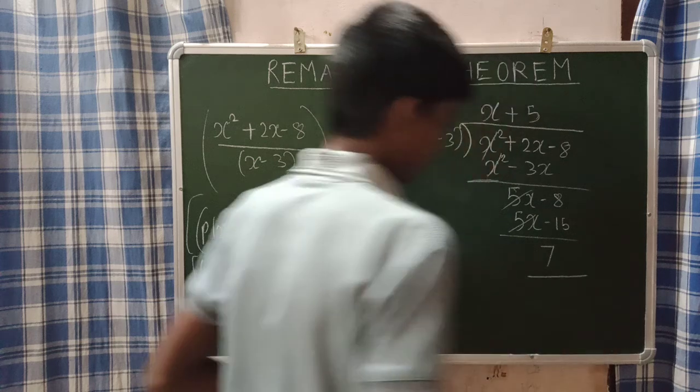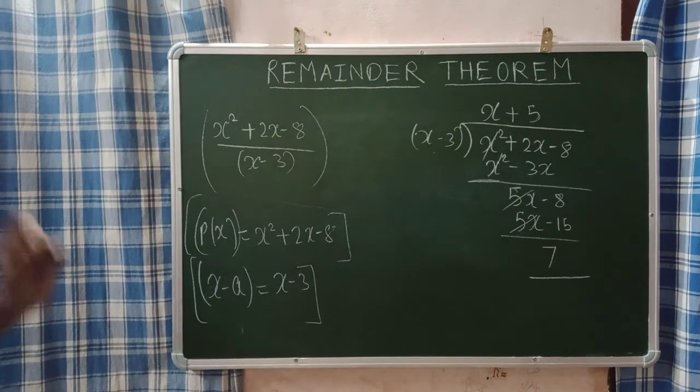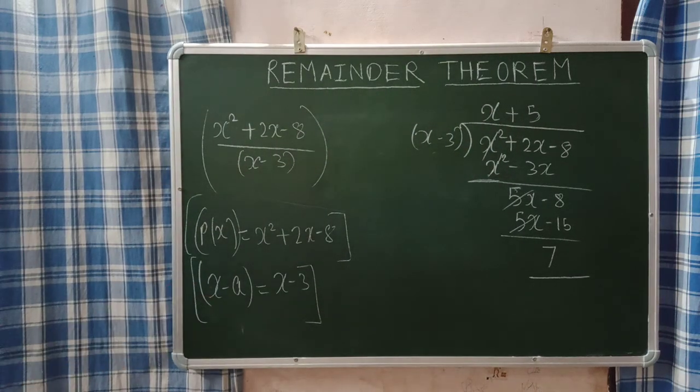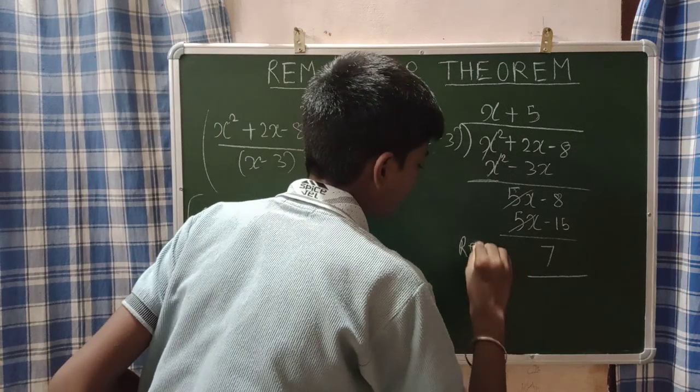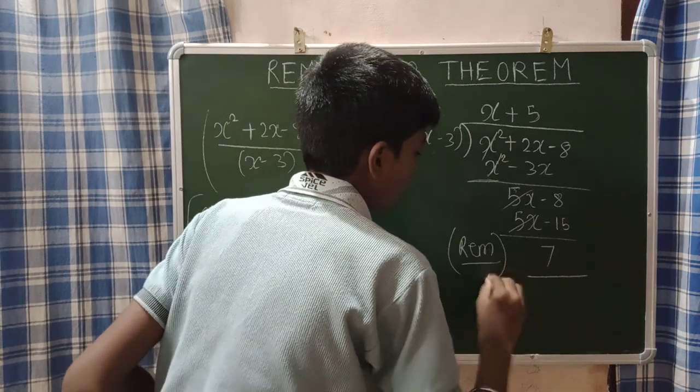So the remainder is 7. This is the remainder you get with the long division method. We found the remainder, that is 7.